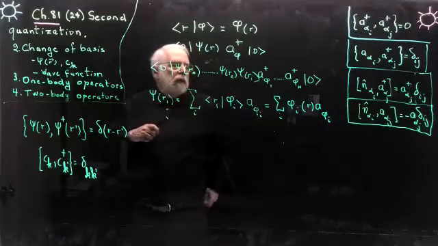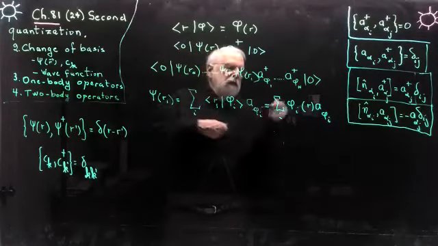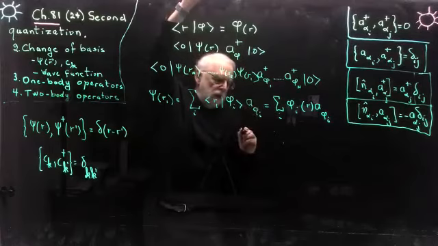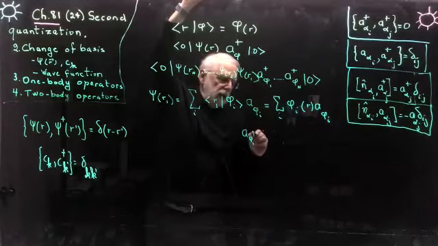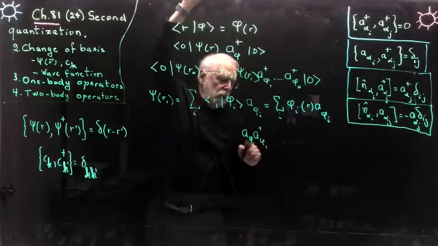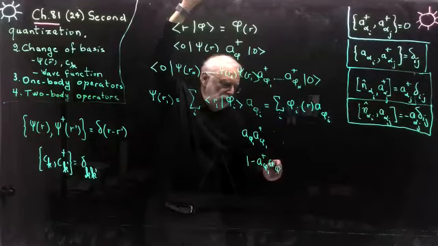So let's take this simple case where I have A of phi 1 here and A dagger of phi 1 here. What will I do? I will use the anti-commutation relation. I will replace this by 1 minus A dagger of phi 1, A of phi 1.